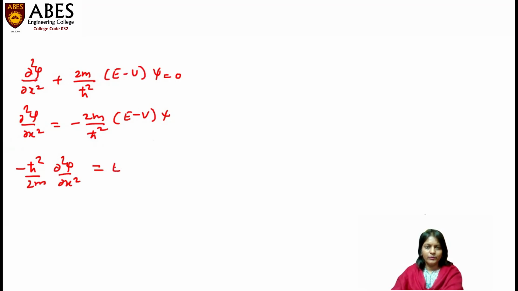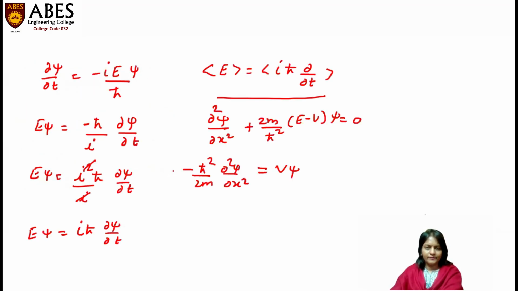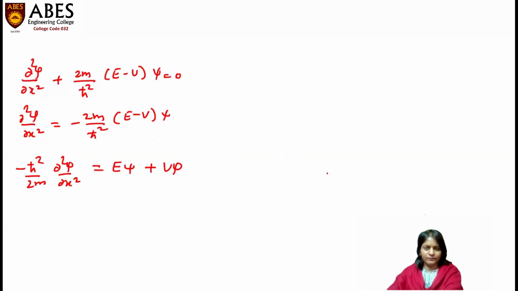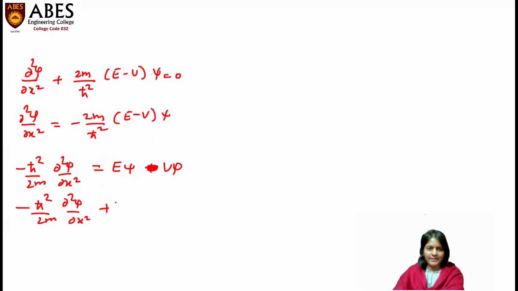is equal to E psi minus V psi. And it becomes minus h square upon 2m del 2 psi over del x square plus V psi is equal to E psi.